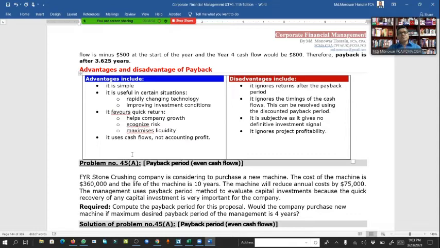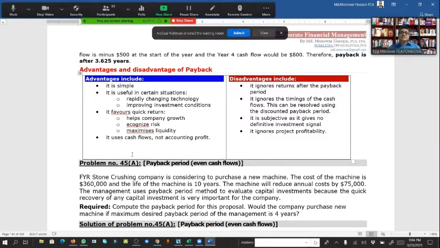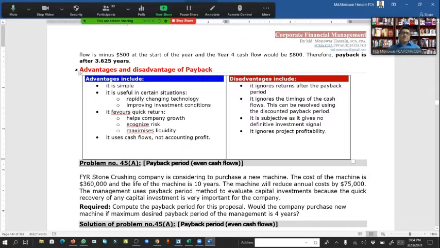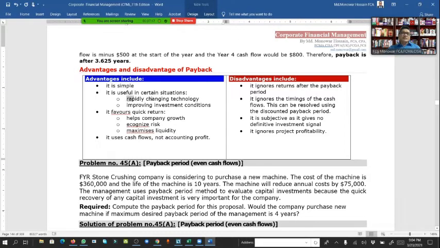It is useful in certain situations. With rapidly changing technology it is very important, because today's technology and tomorrow's technology are not the same, and day by day technology is changing hugely. So this type of accounting is appropriate for rapidly changing technology and improving investment conditions.